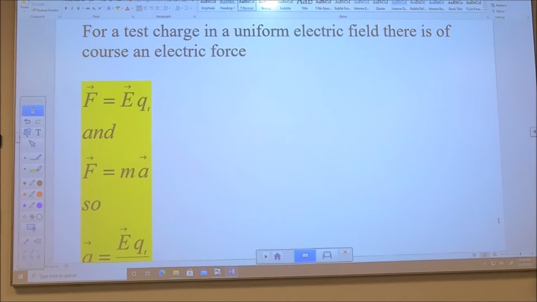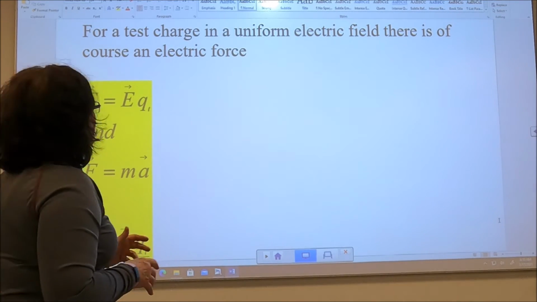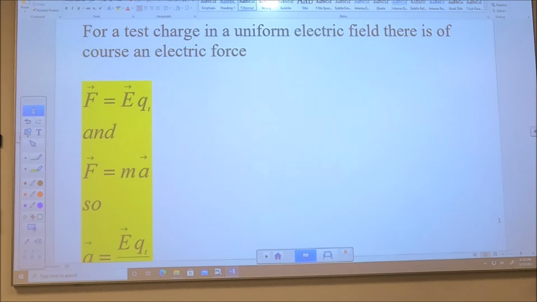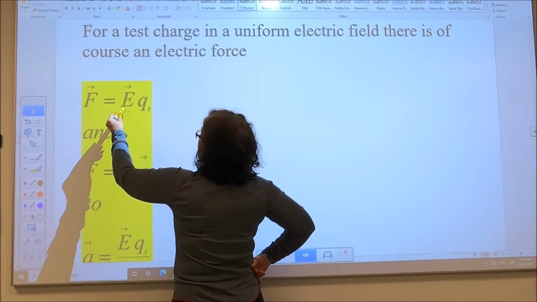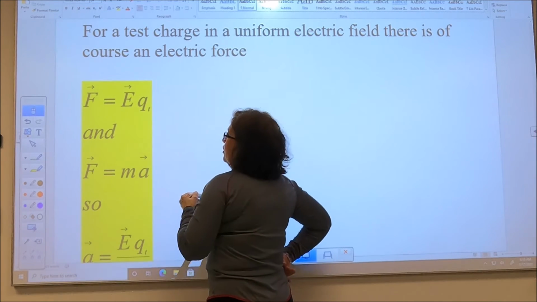Okay, for a test charge in a uniform electric field, there of course is an electric force. The electric force for a positive test charge is going to be in the direction of the electric field. For a negative test charge, it's going to be in the opposite direction of the electric field. So the force is equal to the electric field times Q test.